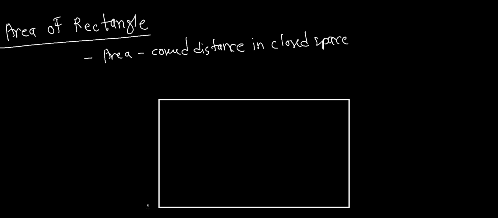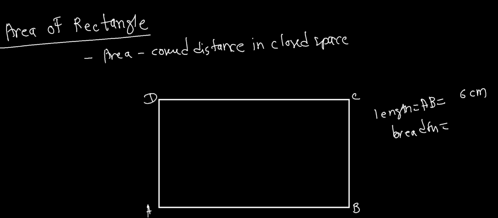Okay, so A, B, C and D, and length is equal to AB. Here length equals AB, and we are considering it as 6 centimeter, and breadth corresponds to BC, and it is 5 centimeter. We are assuming this 5 centimeter.